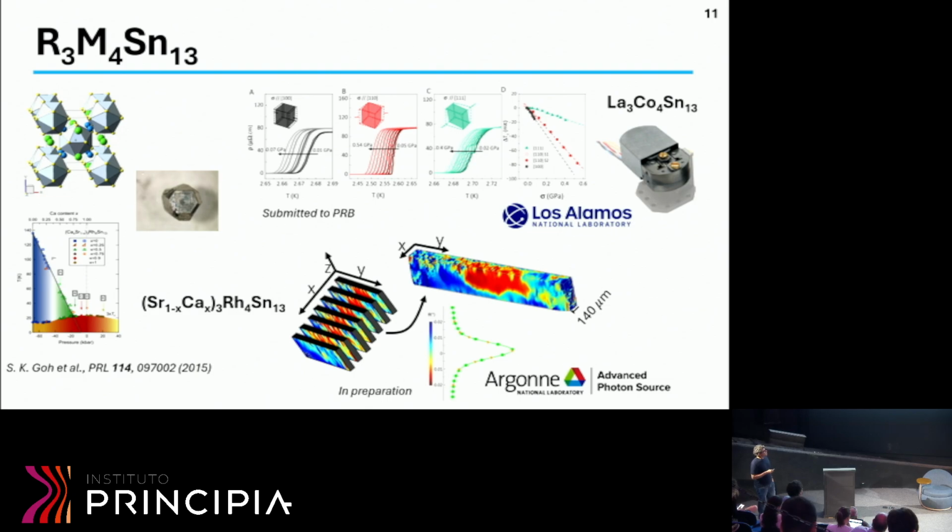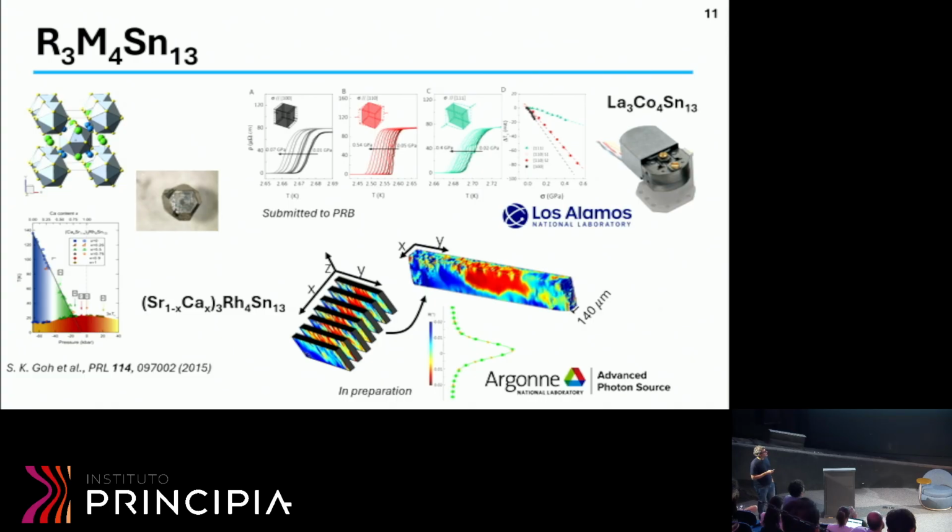In this compound, we looked at the charge density wave with X-ray dark field X-ray microscopy, okay? And we looked at the charge density wave in real space, the domains.